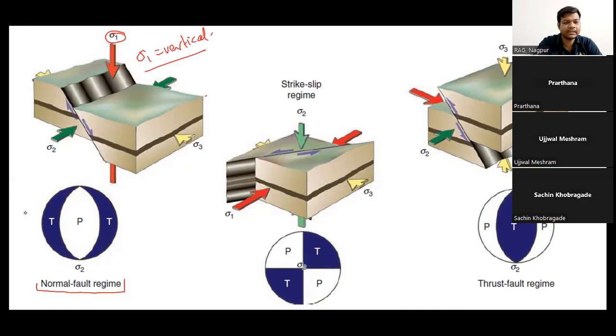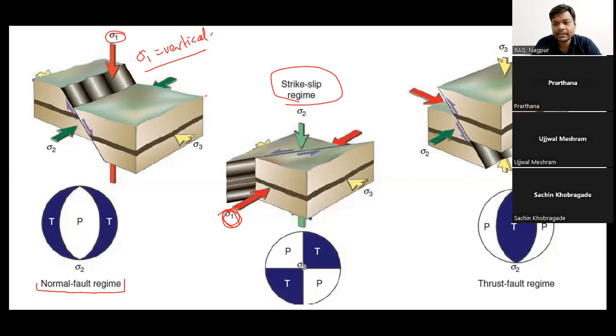When sigma 1 is horizontal, it will form a strike slip fault.